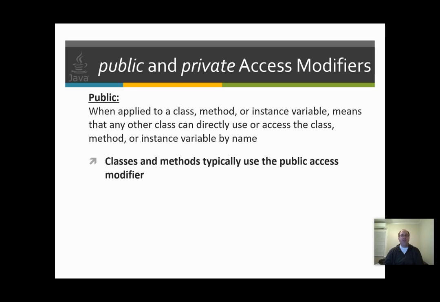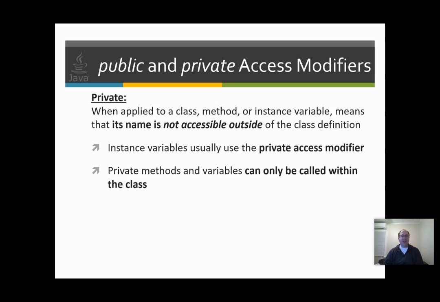So the other option you have is the private access modifier. If you declare something as a private method or variable, that method or variable is not accessible outside of the class definition. So the only time you could use, let's say, a private variable is within the class itself. You would not be able to use it directly from the main program.